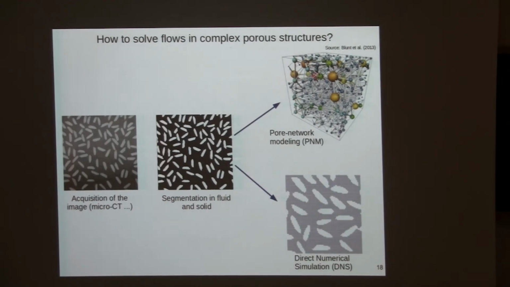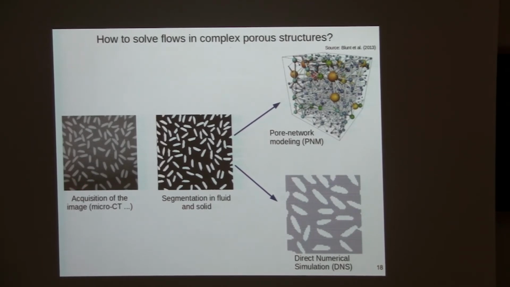So we've seen that we can solve the Navier-Stokes equation analytically for a very simple problem, like between two parallel plates and in a microtube. But in reality, what we want to do is to solve the Navier-Stokes equation in much more complex geometry, such as this one. Here it's an image where you have some rice grain and some void.